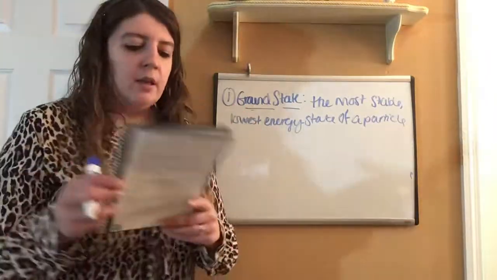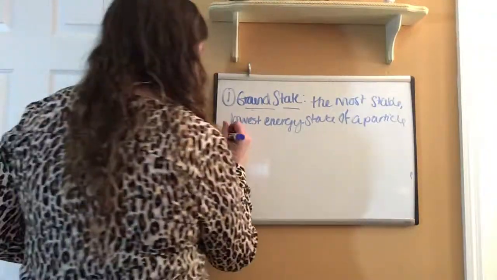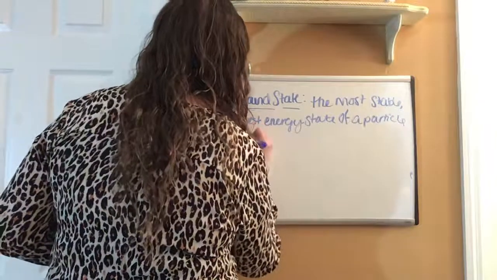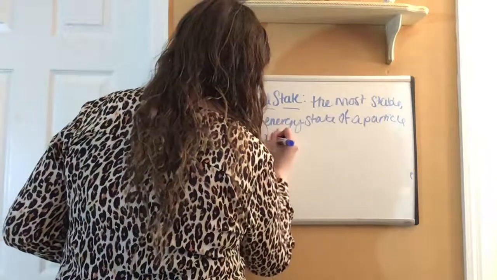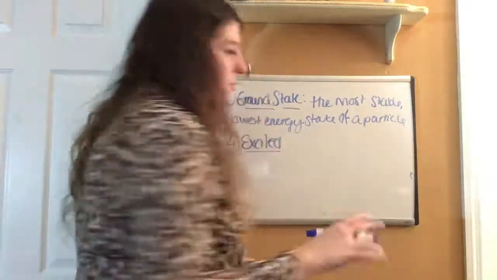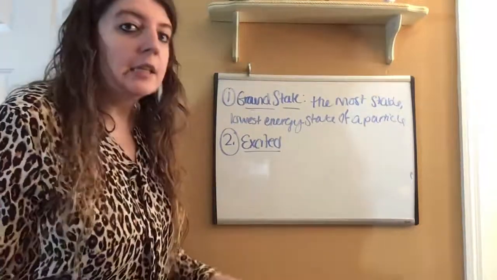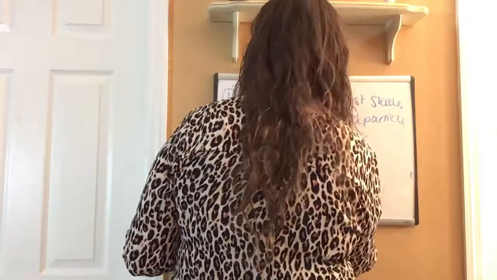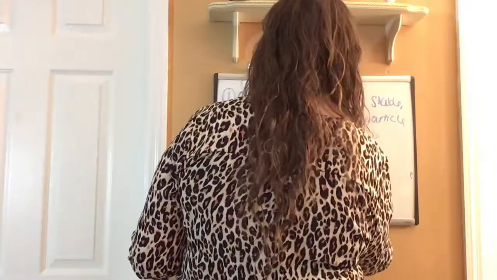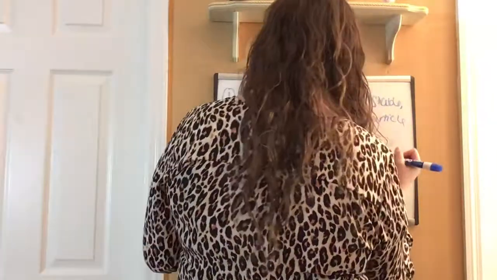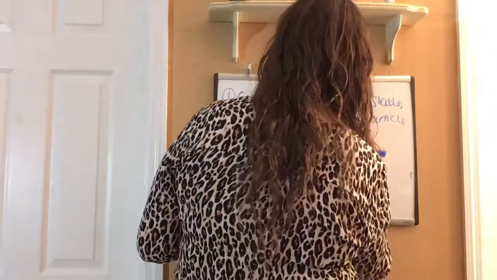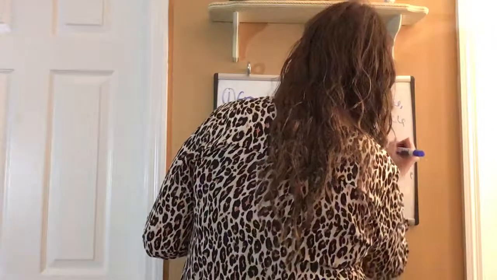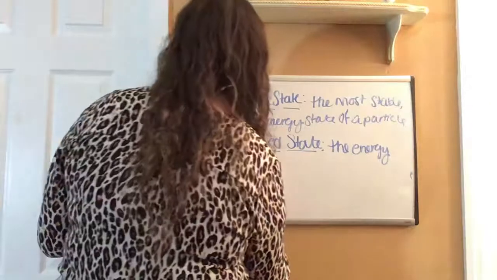So then we get to what we talked about a little bit before, the excited state, right? If ground means neutral, they're fine. They don't have extra energy. They're all happy. The excited state is going to be the energy state above the ground state.